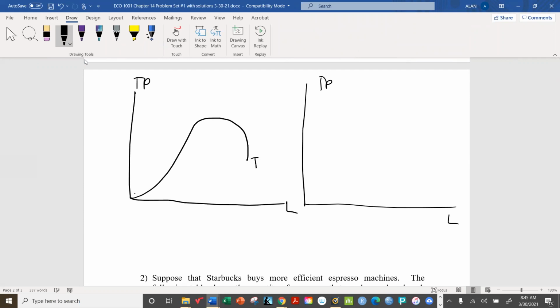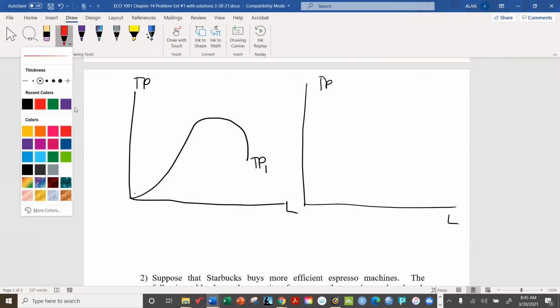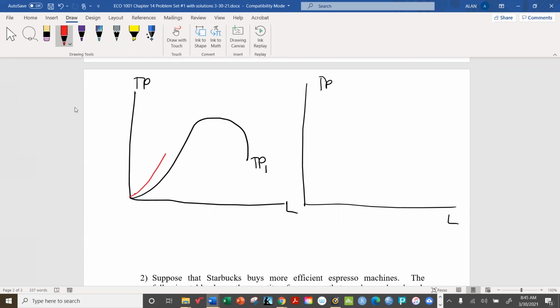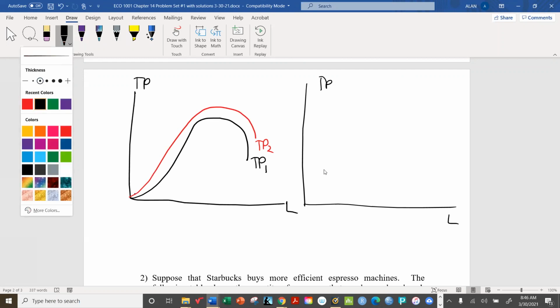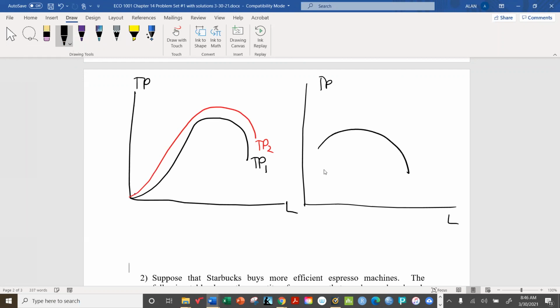This would have been the original total product curve. I'll call it TP1. And then the new one would have been shifted up because of the fact that we now have more efficient equipment, and therefore we can produce more output at every level of labor. And the consequences are on the average product. Let's call this AP1 and MP1.